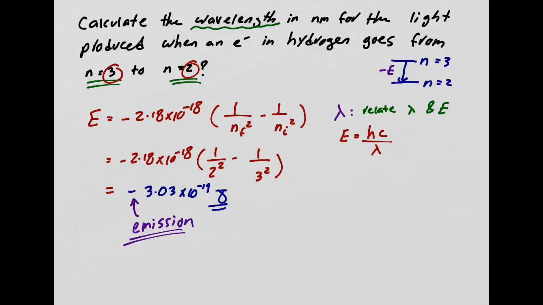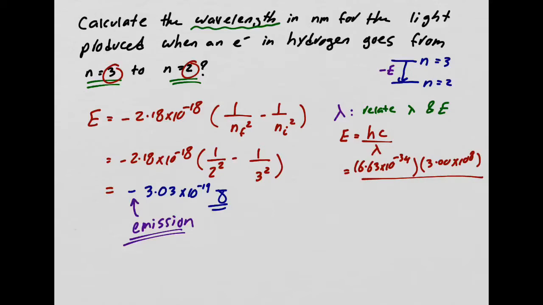You guys are good so far? Okay. Now, energy is going to equal hc over lambda. What is my h? H is the Planck constant, 6.63 times 10 to the minus 34. And c is the speed of light, 3.00 times 10 to the 8th.